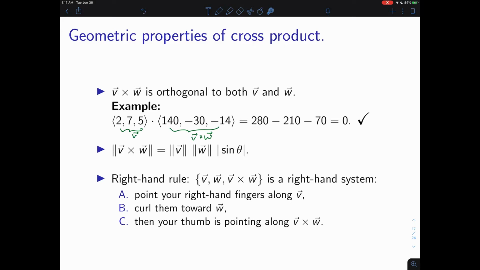If you point your right-hand fingers along the first vector, V, with your hand flat, like you're going to high five somebody, and you curl your fingers so that when they're bent, they're pointing along W, then your right hand thumb is pointing along V cross W.